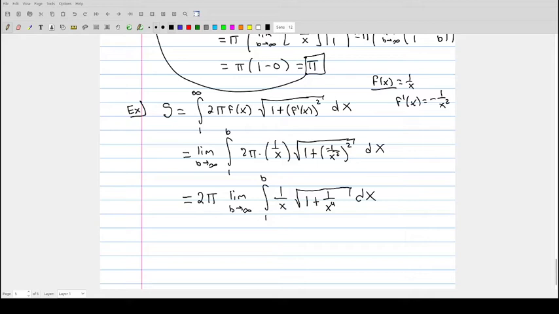And you could go through and actually do this antiderivative and get this definite integral. However, I really don't recommend that.